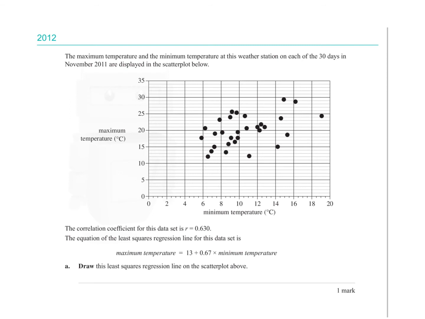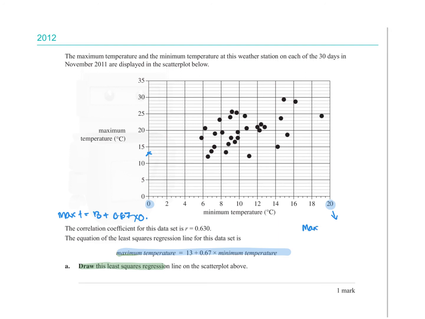Okay, so once again, this one, they want us to draw the line, so this equation on the graph. So when you've got one of them, you pick the first x value and the last x value, and you just pop it into the formula and see what you get. So max temp equals 13 plus 0.67 times 0, so you end up with 13. So put a cross on 13, and then we're going to sub x is 20 into it.